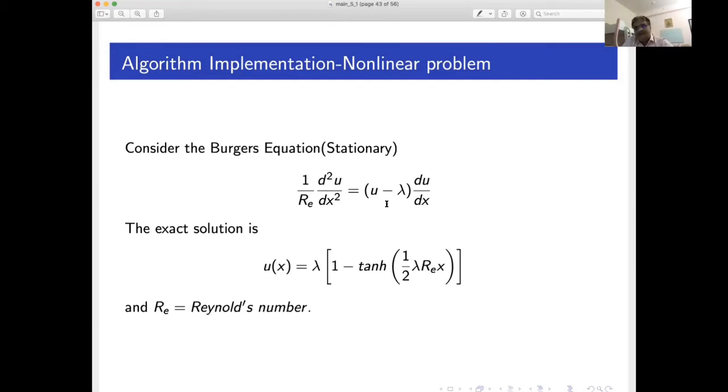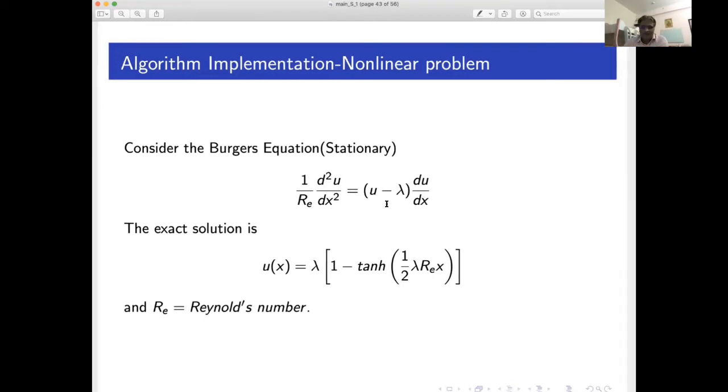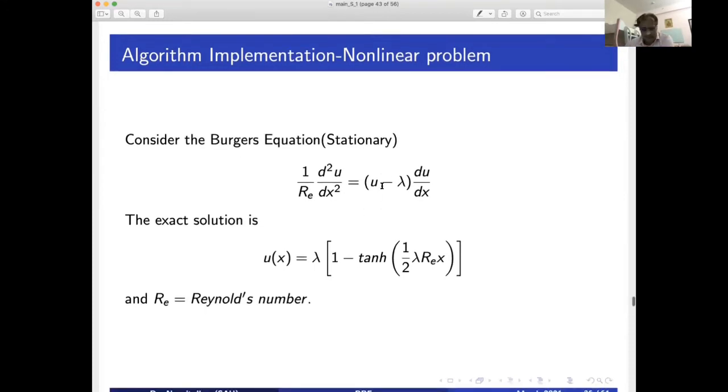And the partial derivative with respect to u2 will give you the subdiagonal. Then apply the Newton-Raphson method. Nothing else to do, exactly the same. I will explain these things in the code. So far I have explained how to find linear and non-linear algorithms using the high resolution radial basis function.